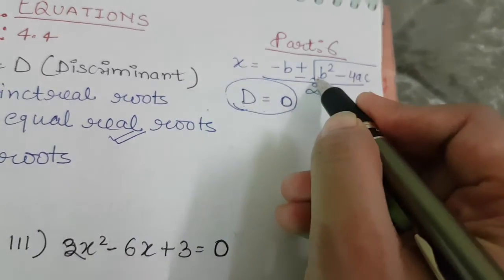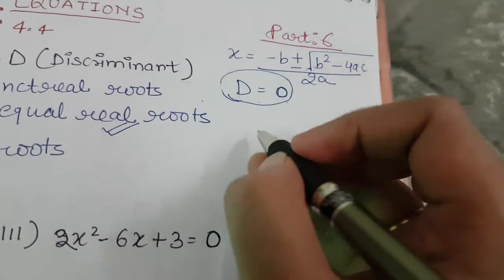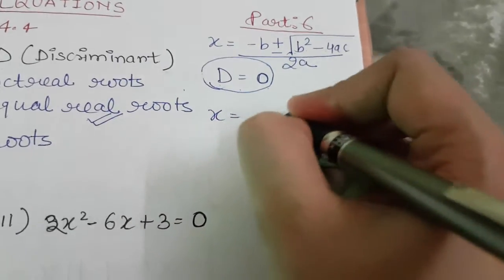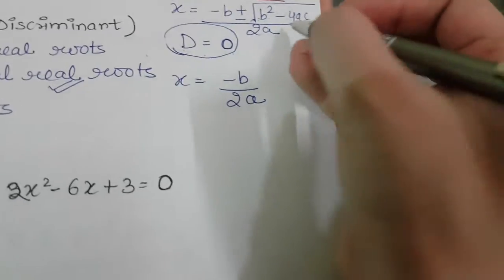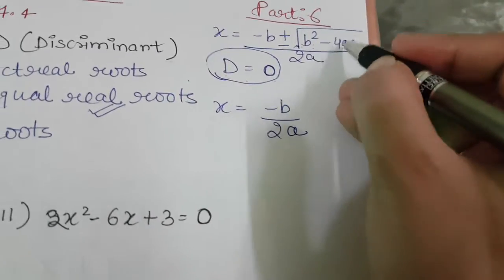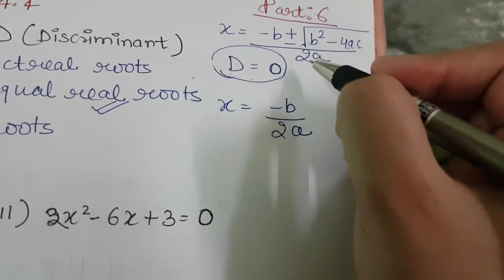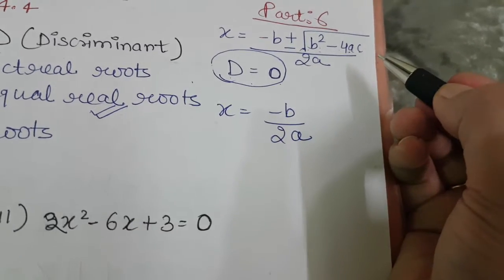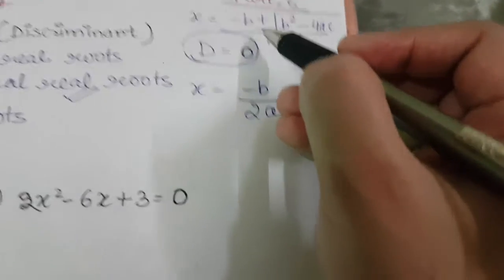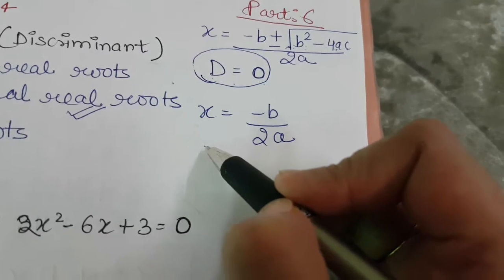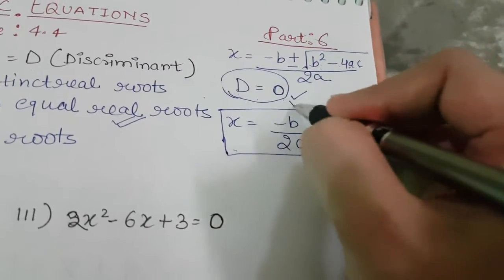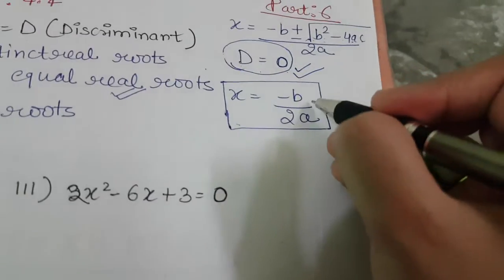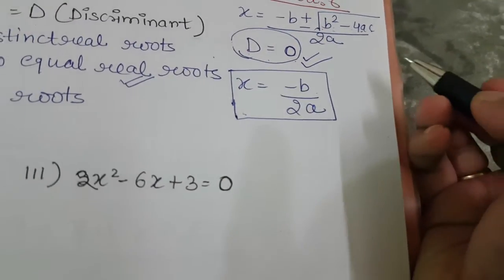So why put this big formula? We will just put minus b upon 2a. Why? Because the b square minus 4ac value is already 0, and square root of 0 is only 0. So the formula for finding the root in the case of D equal to 0 will be only minus b upon 2a.